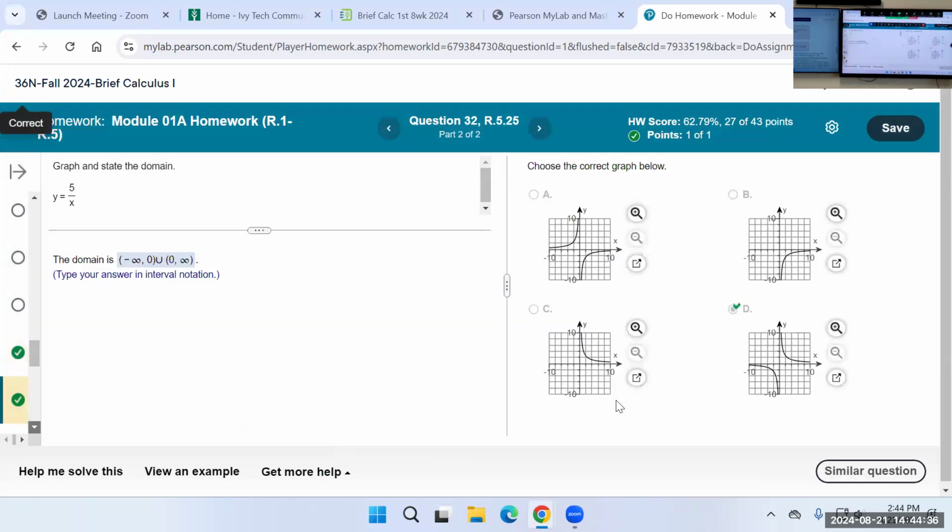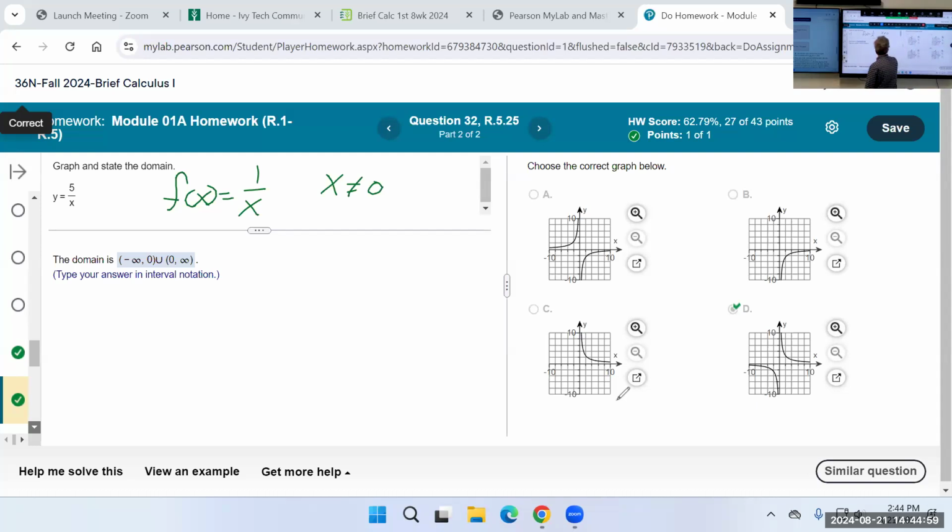Another domain question. What is the domain of this function? So if we remember what I was going on about earlier, you have something like f of x equals 1 over x. X cannot equal 0. We cannot divide by 0. So that's the only thing I need to avoid. Just need to avoid dividing by 0.